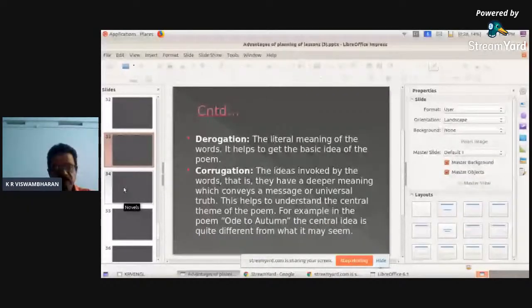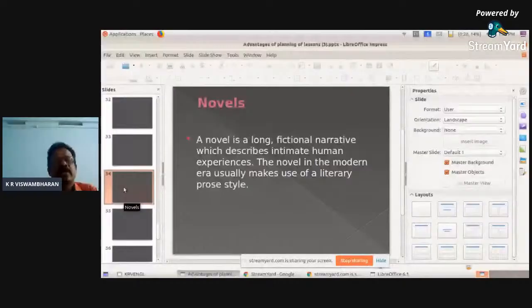Now let us pass on to novels. What is a novel? A novel is a long fictional narrative which describes intimate human experiences. The novel in the modern era usually makes use of a literary prose style.